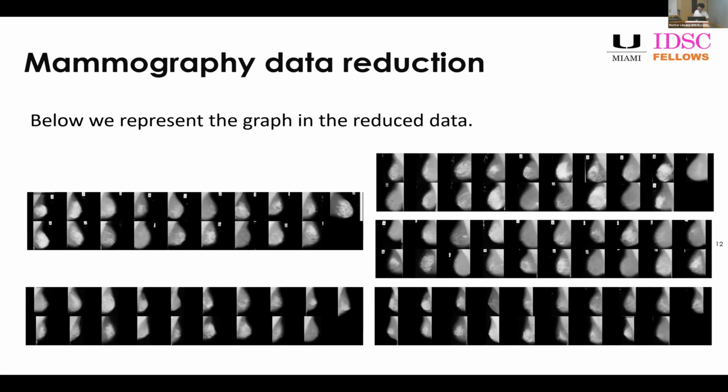I'm not an expert in mammography. To be honest, I cannot tell what each single image tells us. Maybe in some you can see some cells there, and there's cancer cells.